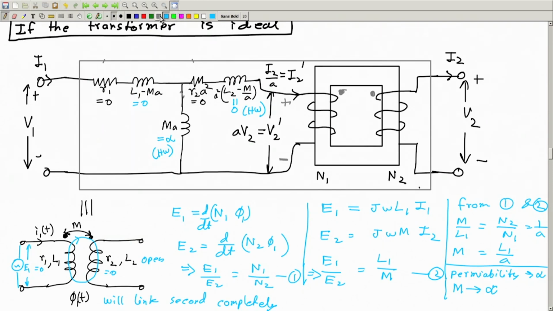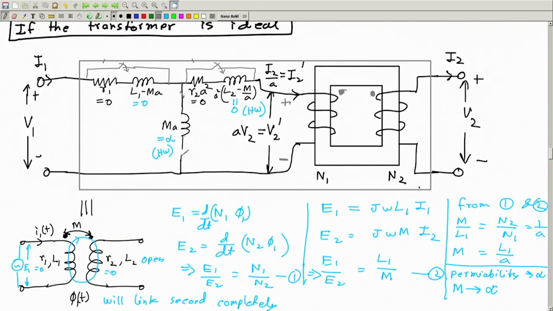So you can virtually short circuit this. This is not there. You can also short circuit this. This is not there because these are 0, and similarly this is infinite means you can keep it open.